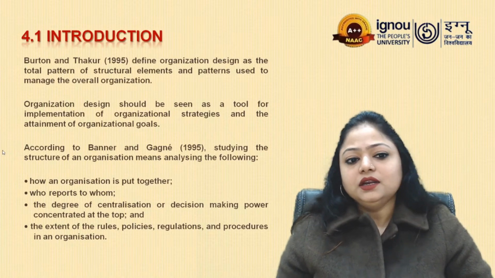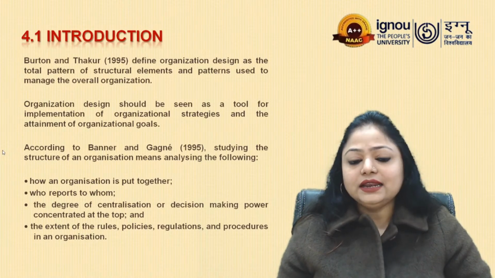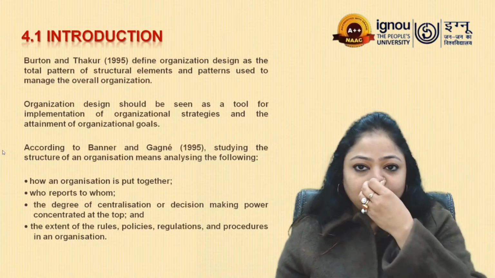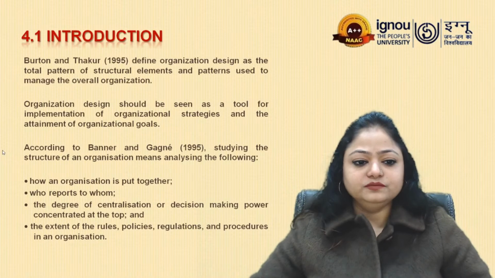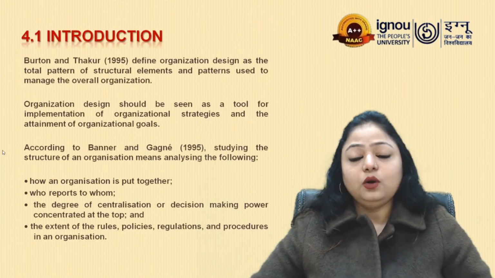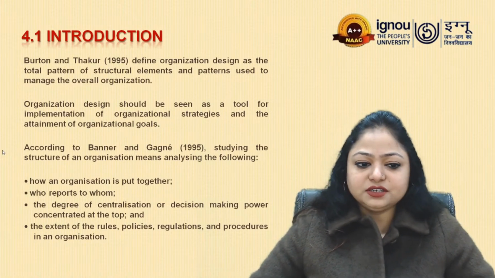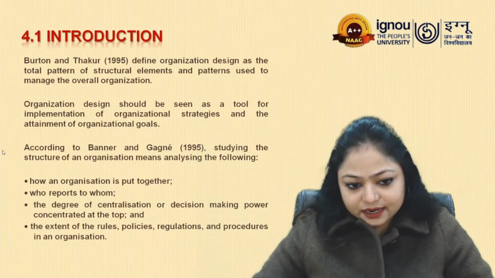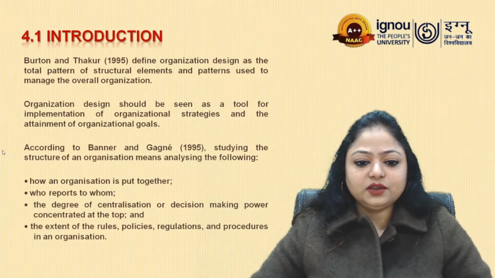goals. Now, another study has suggested that the structure of an organization means analyzing the following things: how an organization is put together, who reports to whom, the degree of centralization or decentralization, whether the decision making power is concentrated at the top or distributed over the hierarchy, then the extent of the rules and policies, regulations and procedures in any organization.